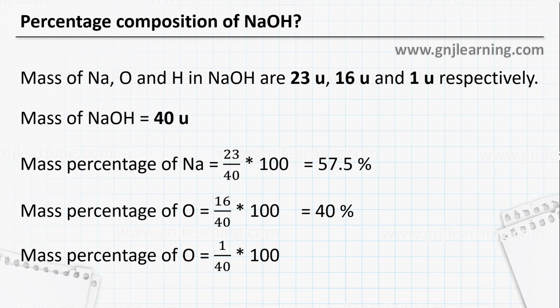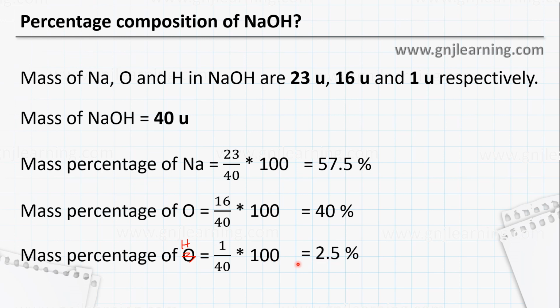So I will make the correction using pen. So this is not oxygen, this is hydrogen. So we have hydrogen, its atomic mass unit is 1 divided by the mass of the compound, that is 40 into 100, which is equal to 2.5.